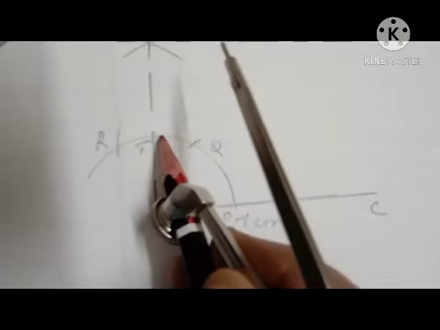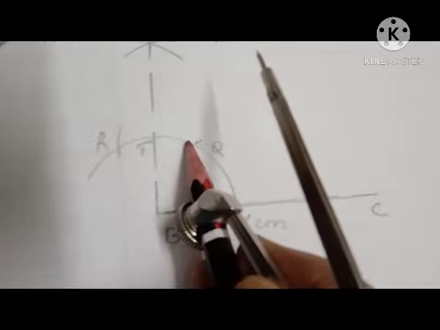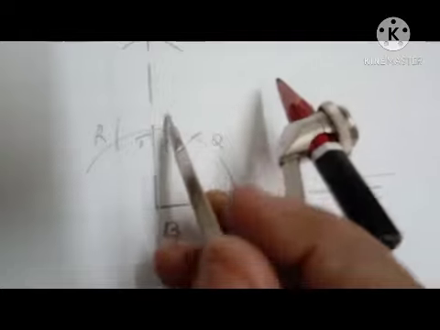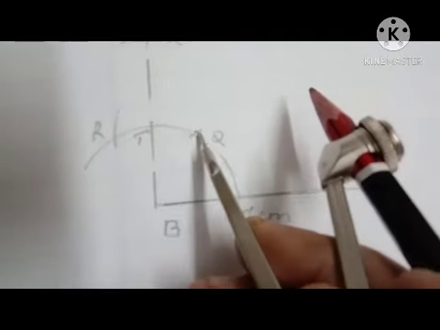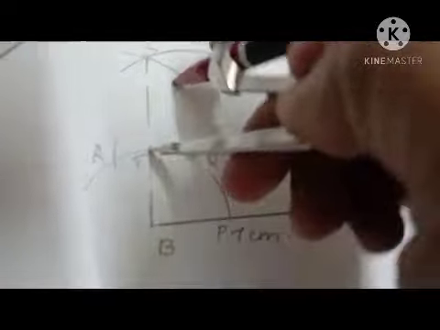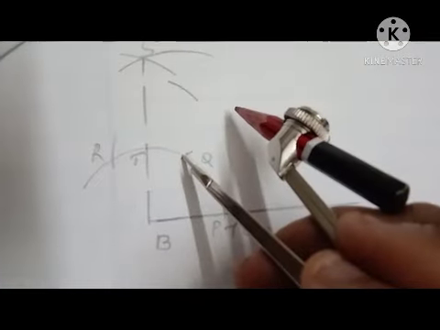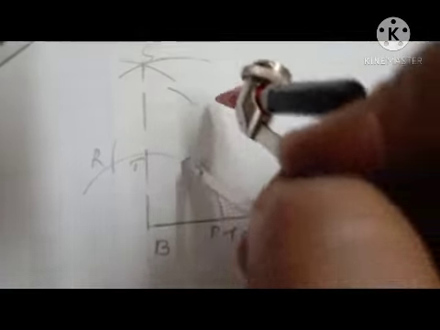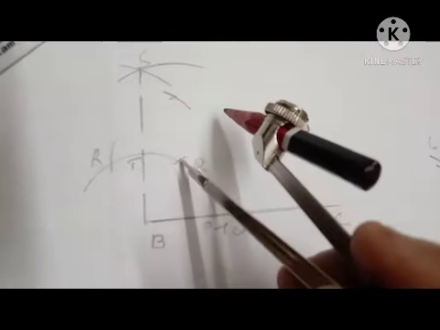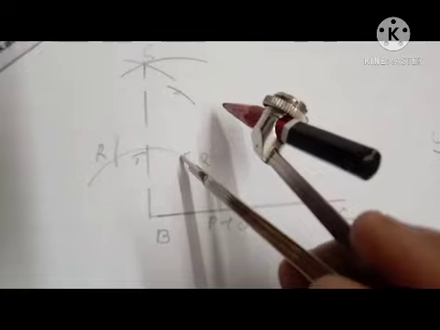T to Q. But we want to get 15 degrees. The 60 plus 15 we want to get. For that we have to draw the angle bisector of this TQ. So from T and from Q we have to draw the arcs with equal radius. First radius we can take anyway, but the second should be the same as the first.